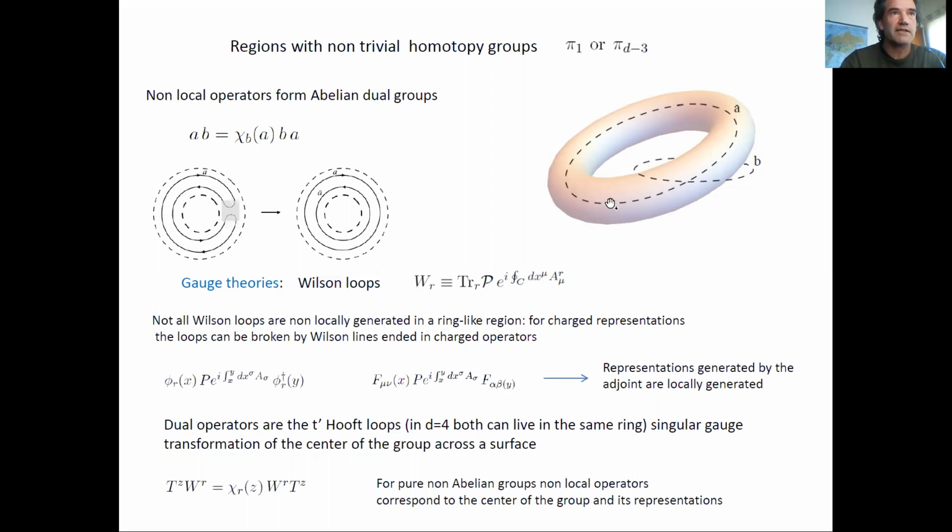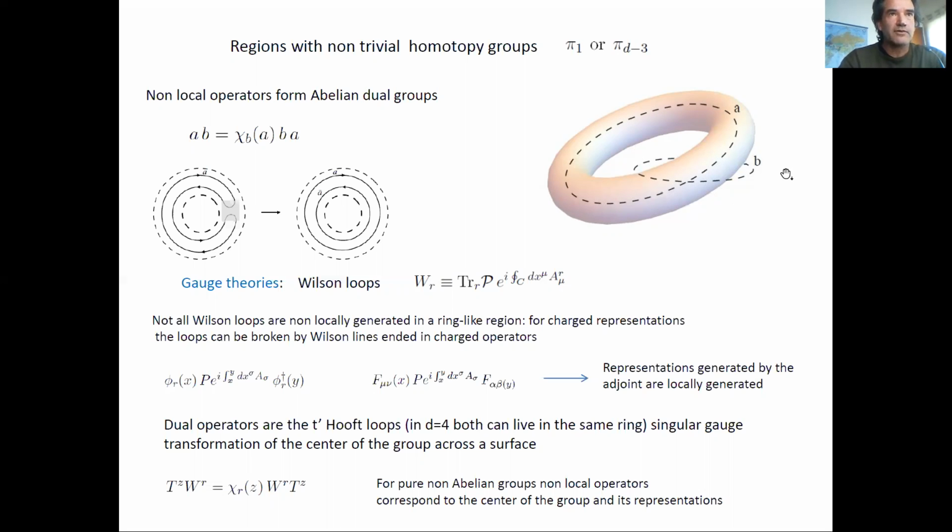So the adjoint representation is always locally generated, and of course all the products, or all the representations generated by the adjoint, are locally generated. So if you go this way, you get that the only ones that are not locally generated are representations of the center of the group. So it's an Abelian group, the group formed by non-local operators.